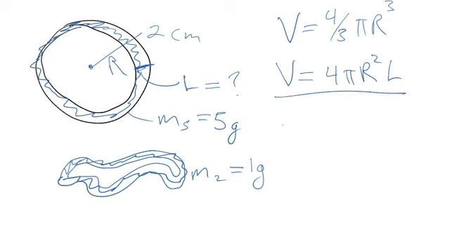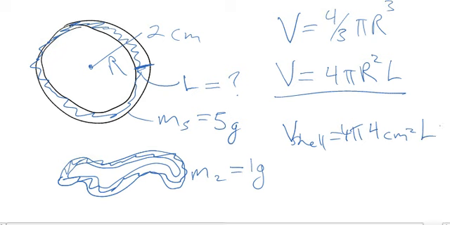So we have V of the shell is equal to 4 pi, and then R we said is 2 centimeters, so this is going to be 4 centimeters squared, and then L. And so if we knew what V was over here, then we could figure out L, because there's only 2 unknowns here.